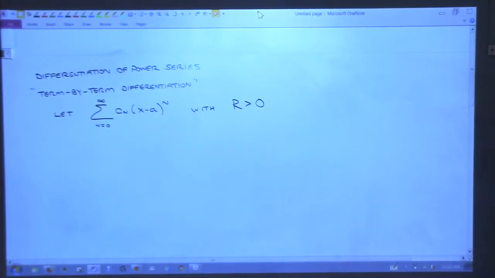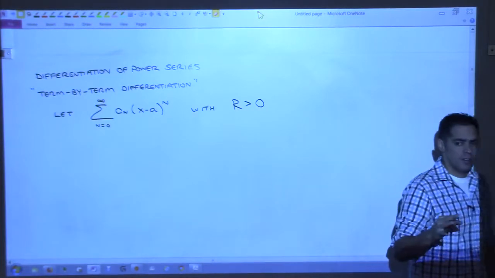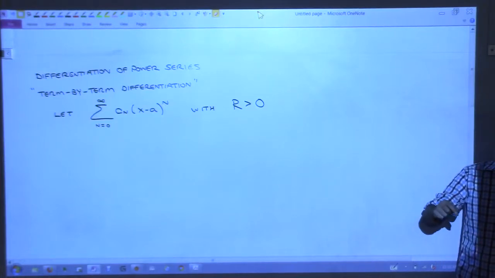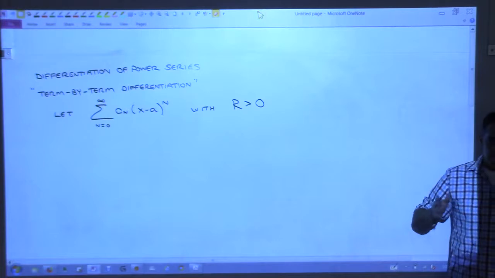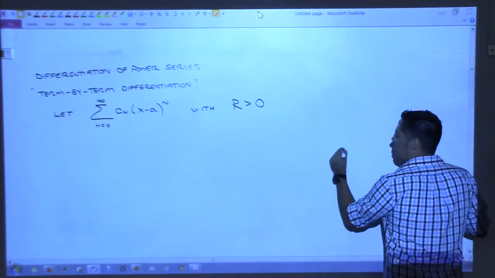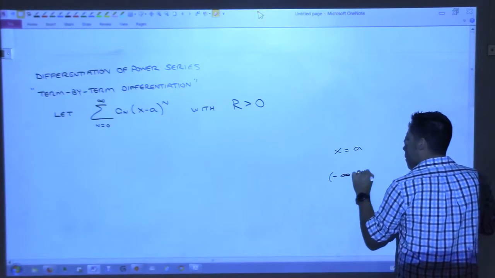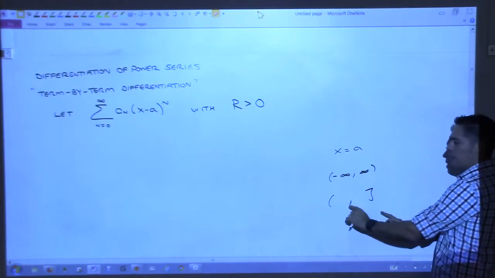Do you all remember what the three possible outcomes are when you have a power series in terms of convergence? Only at x equals a it converges? All real numbers, or some interval, right? Let me write these down: it only converges at x equals a, or it's everywhere, or it's some interval. Maybe it includes one endpoint, not the other.